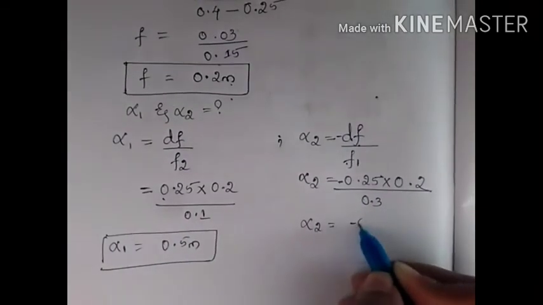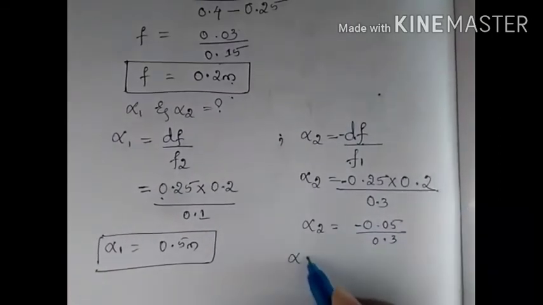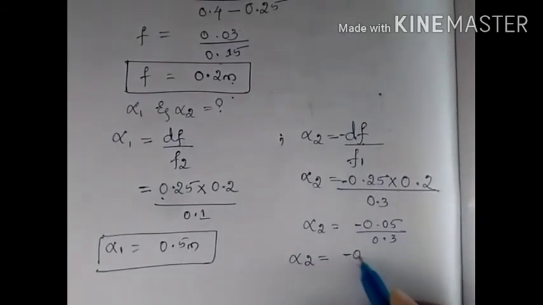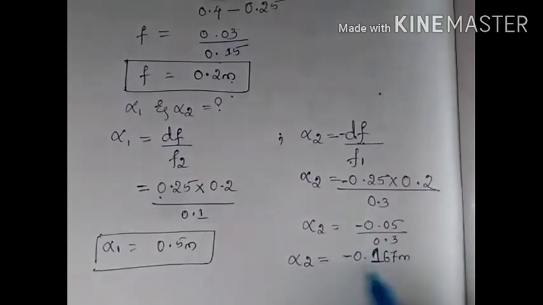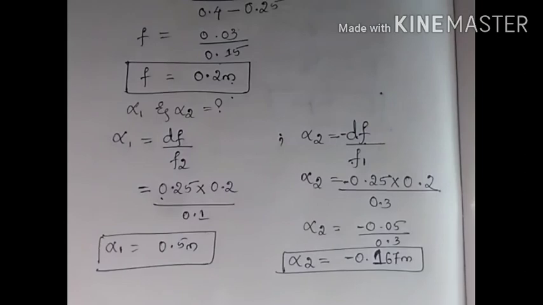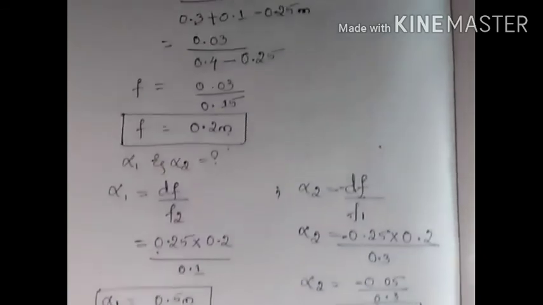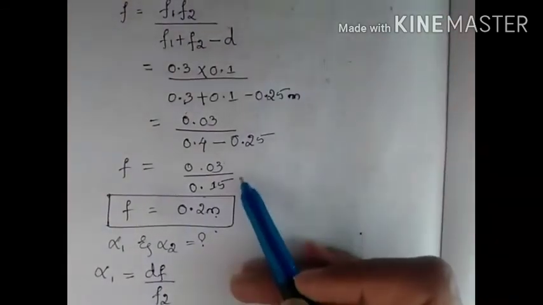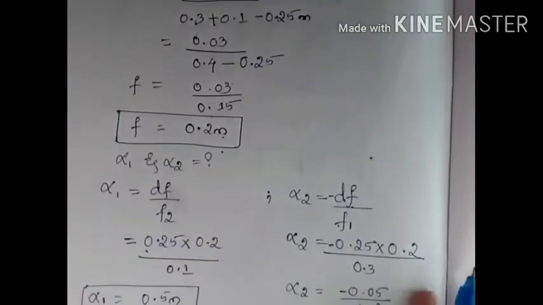So this gives minus 0.05 divided by 0.3. That means alpha 2 is equal to minus 0.167 meters. So this alpha 2 is to the left side of the second lens and alpha 1 is to the right side of the first lens. So finally we found the equivalent focal length for the system of two thin lenses and the position of the principal points.